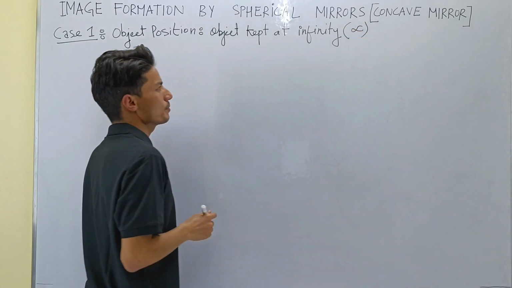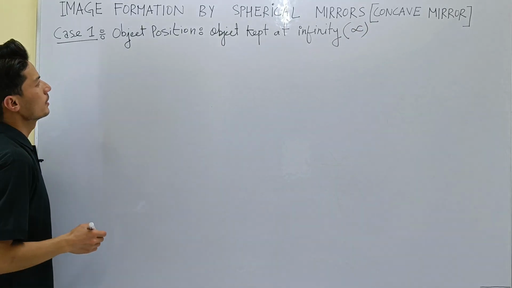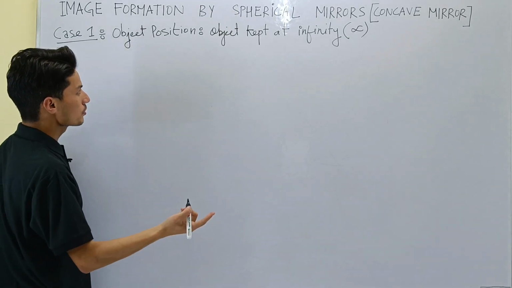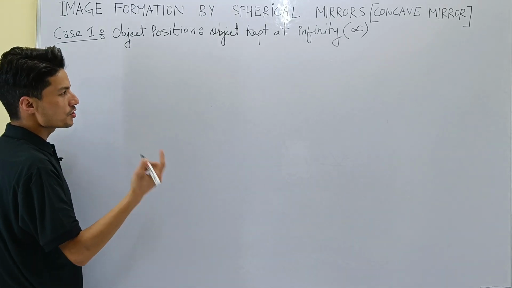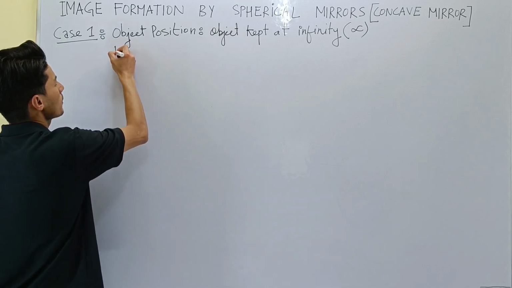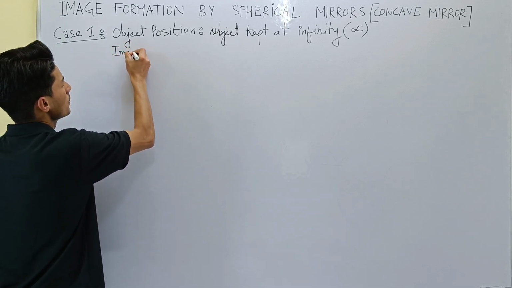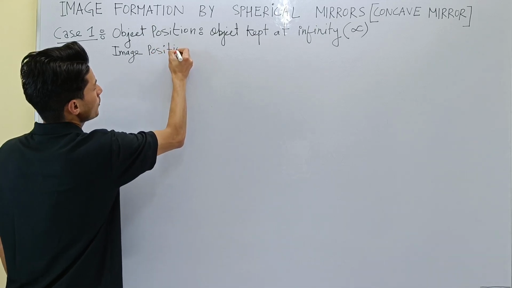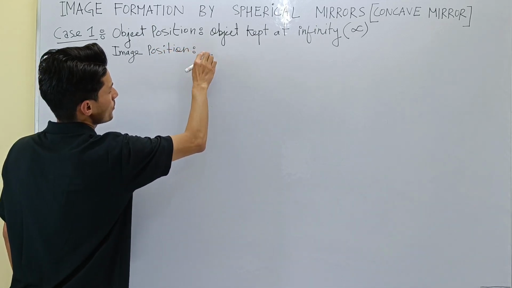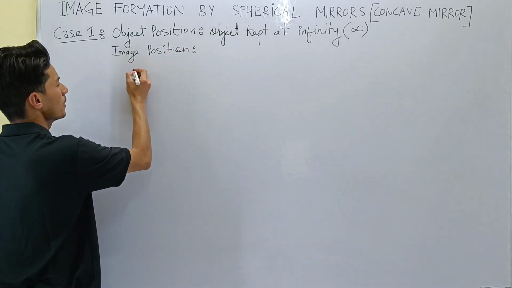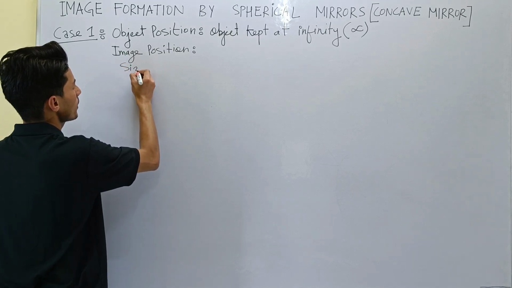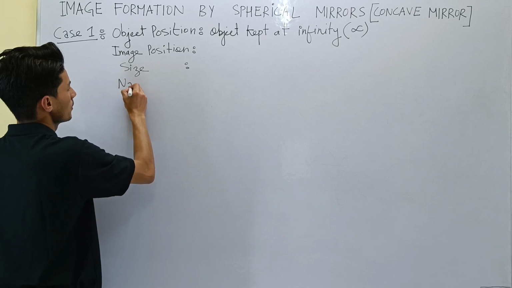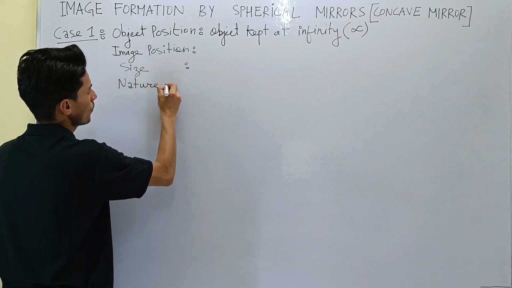Then afterwards we'll fill in the image position, which we will fill up later, not now, but let us make the provision for it. Then the size also we'll fill up later, and finally the nature.